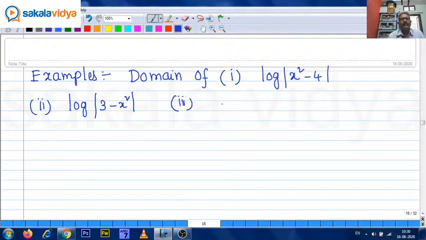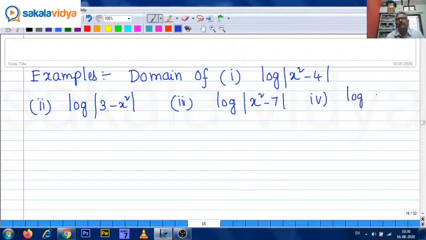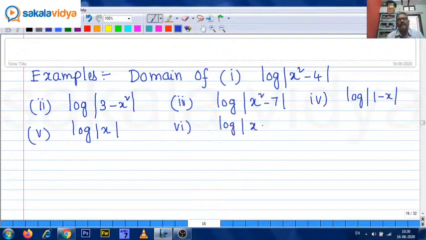Third, log mod of x square minus 7. Fourth, log of mod 1 minus x. Fifth, log of mod x. Sixth, log of mod x plus 2. Complete all these problems.